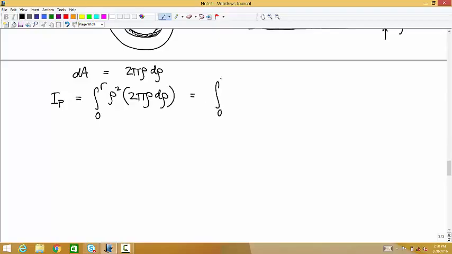That's the integral from 0 to r of 2 pi rho to the third d rho. So you get 2 pi rho to the fourth over 4, evaluated from 0 to r, and that gives you pi r to the fourth over 2.